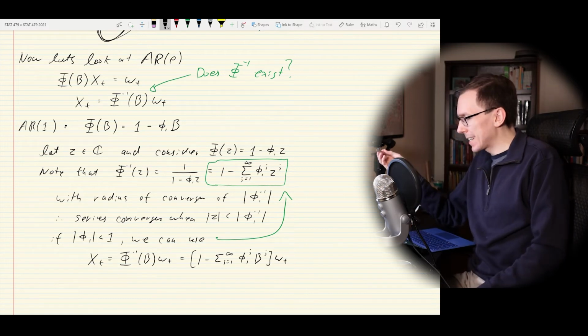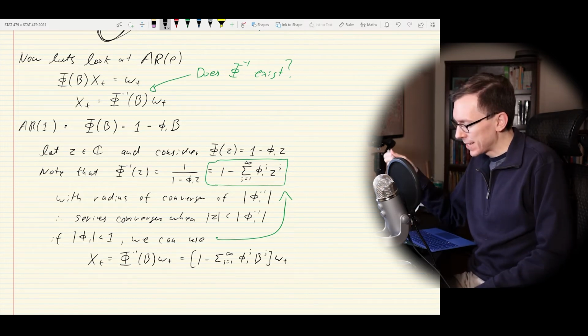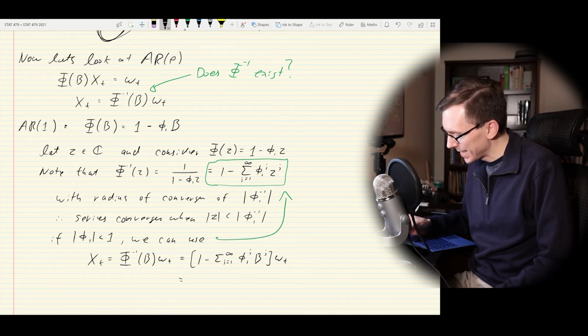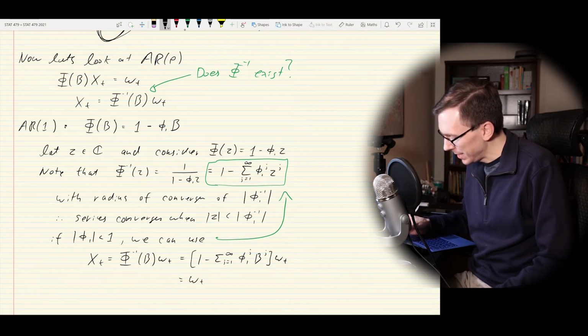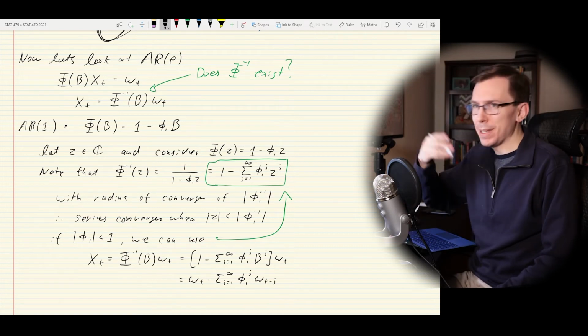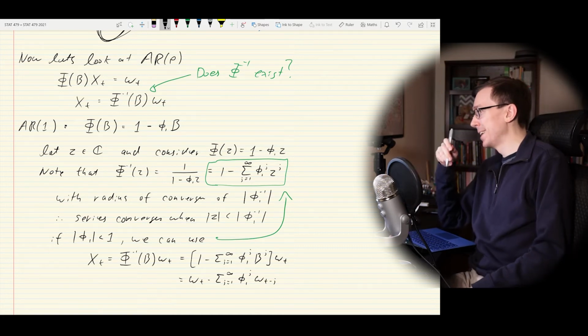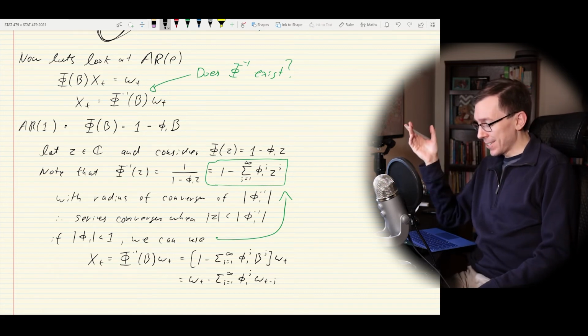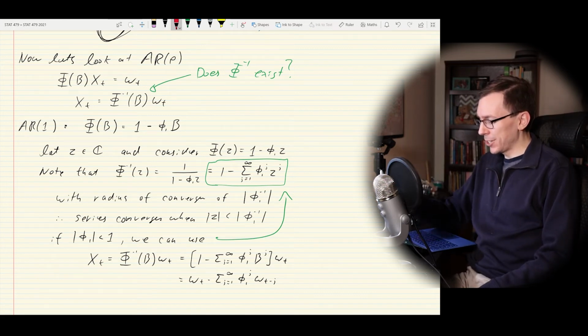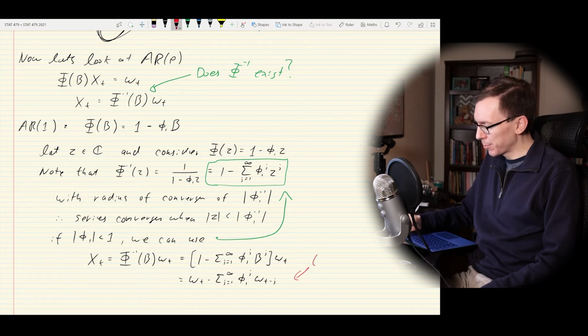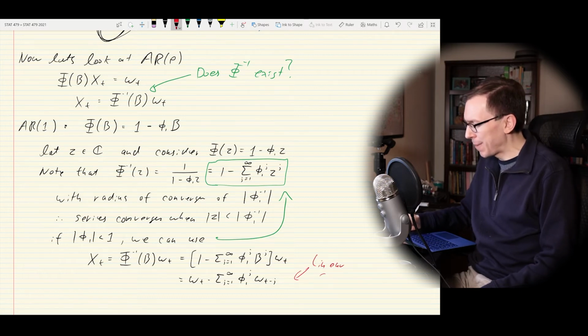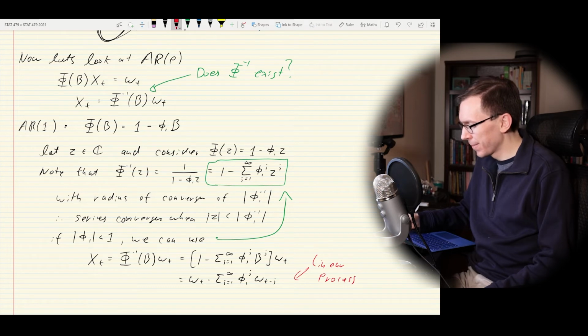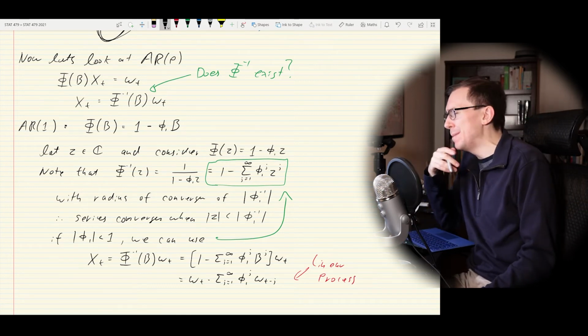And then we can just decrement it if we want, and we end up with our linear process again, which is going to be w_t minus the sum j from 1 to infinity of phi 1 to the jth power times w_{t-j}, because it's being backshifted j times. So that's a quick shorthand to get back to the linear process that we had back in lecture 2, or I forget, maybe it was 3.